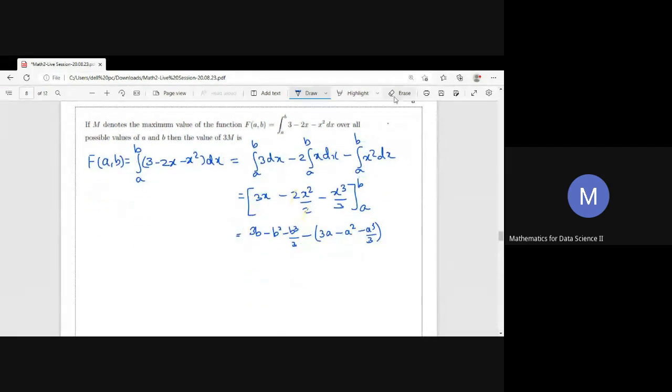If you multiply this negative sign inside, you will get positive here. So this is the expression of f of a comma b.